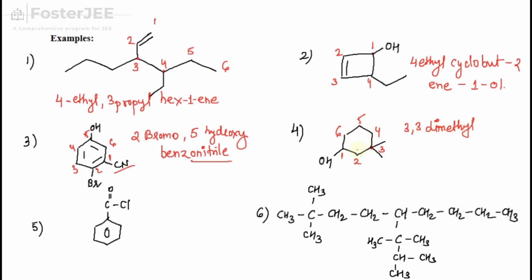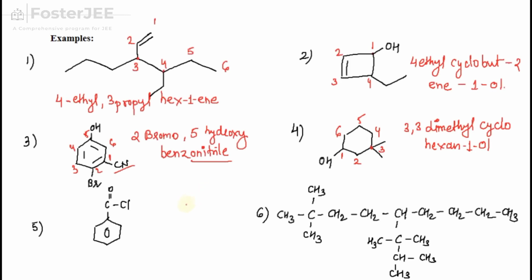The root word is cyclohexane, and the functional group is alcohol and the suffix used will be ol, which is present at the first carbon. So the name of the compound is 3,3-dimethyl cyclohexane 1-ol or hexanol.